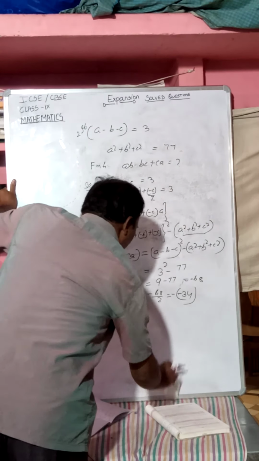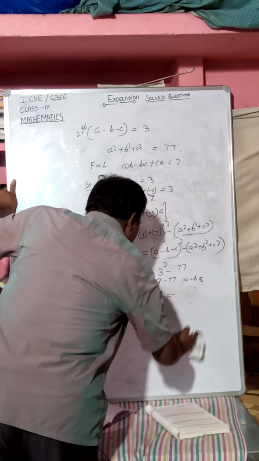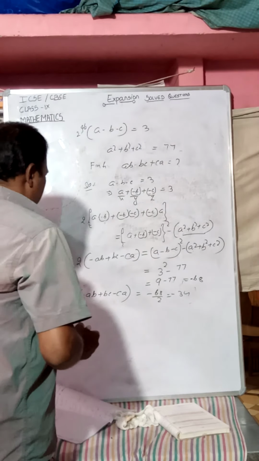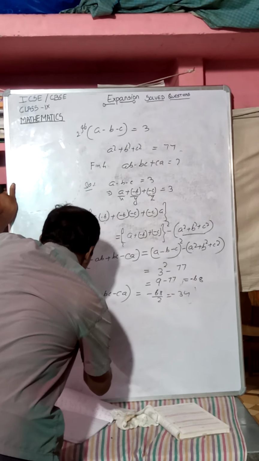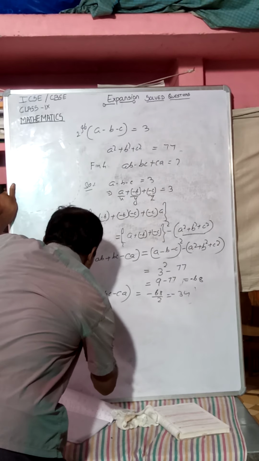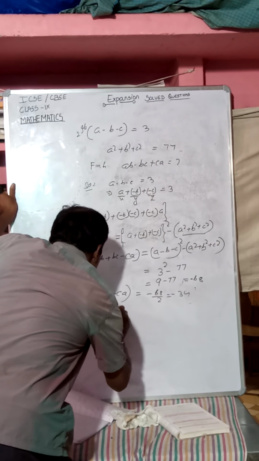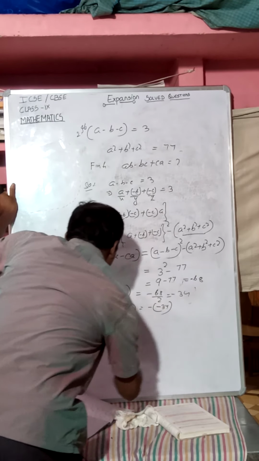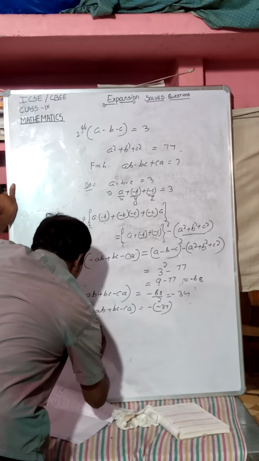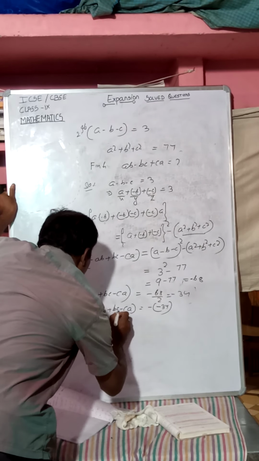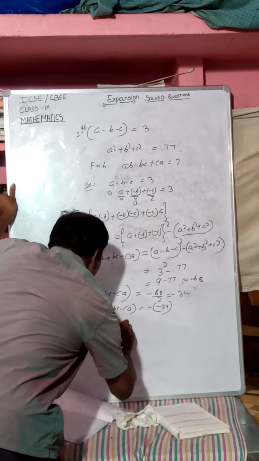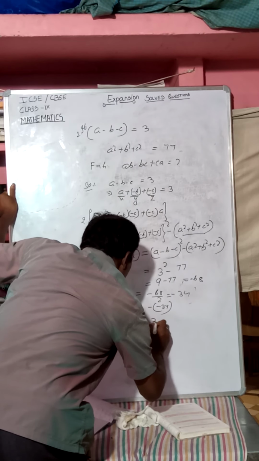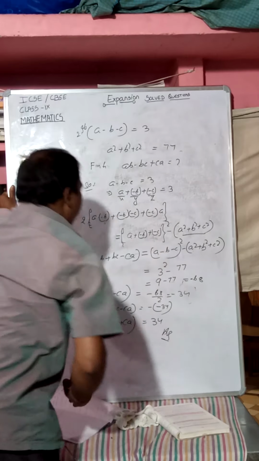Now I write down again 34. So minus of (−AB + BC − CA) is equal to minus of −34. That implies AB − BC + CA is equal to plus 34. This is the answer.